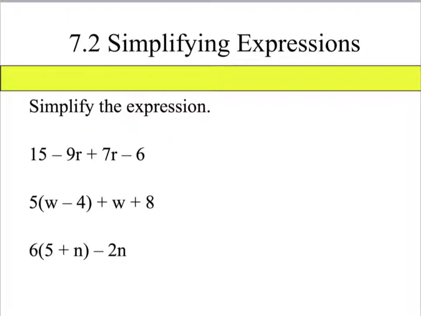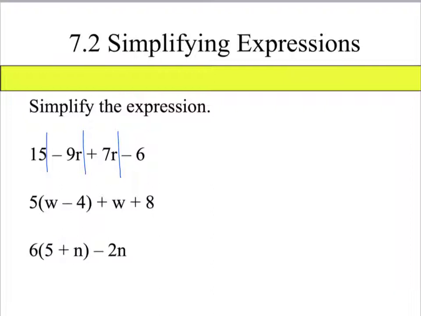All right, here's where I believe we stopped. The very first thing, it says simplify the expression. What you need to do on each one of these is make sure you put your dividers in there. That will tell you what's positive and what's negative. It also splits up your terms. 15 is a term, negative 9r is a term, positive 7r is a term, and a negative 6 is a term.